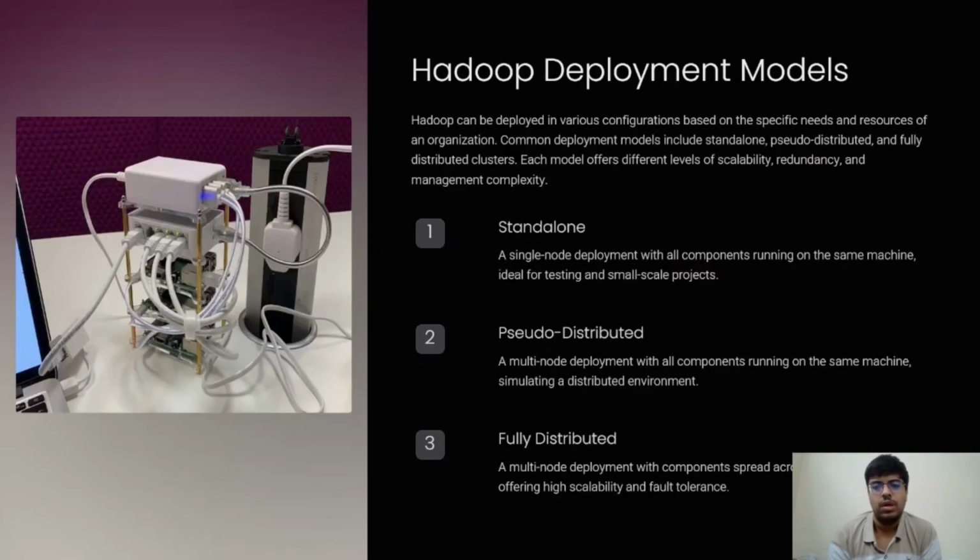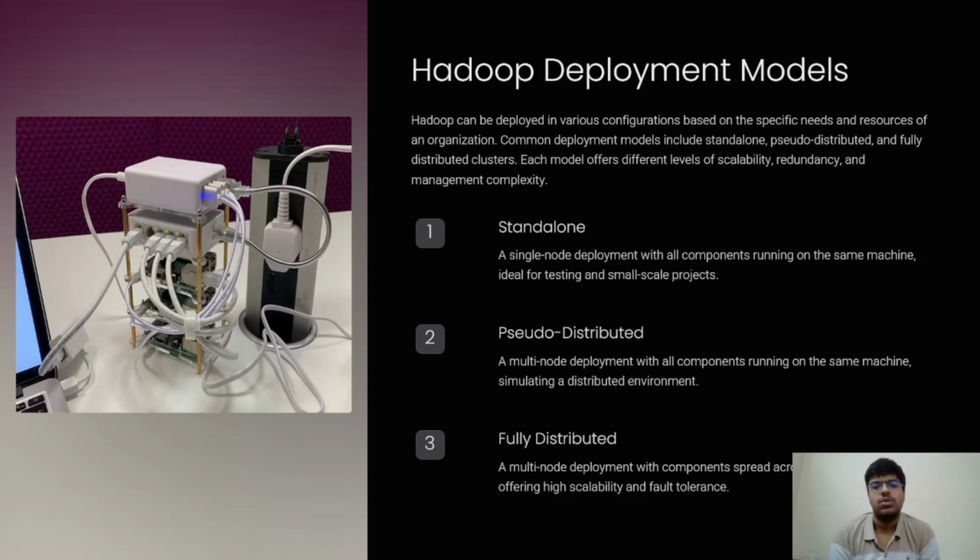Now we'll see the Hadoop deployment tools, because as you know, after developing and testing your models, you need to deploy them as well. In the case of Hadoop, you have three basic ways of deployment. First is standalone, where all the nodes of the deployment exist on the same machine, which is ideal for the testing phase and small projects.